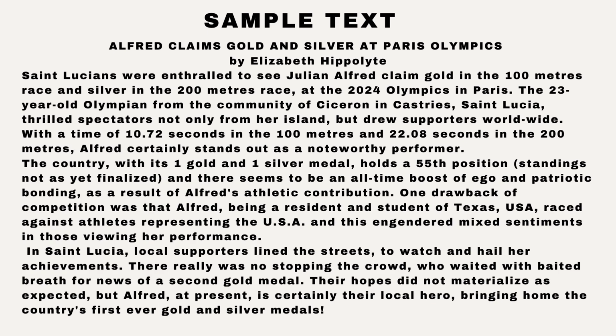The 23-year-old Olympian from the community of Cicero in Castries, St. Lucia, thrilled spectators not only from her island but drew supporters worldwide. With a time of 10.72 seconds in the 100 meters and 22.08 seconds in the 200 meters, Alfred certainly stands out as a noteworthy performer.